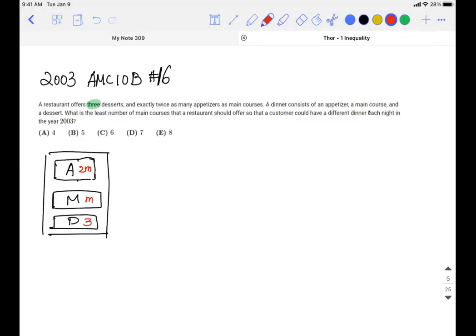Basically, you have 3 things. And the question says, how many main courses the restaurant needs to offer to make sure a customer could have a different dinner each night in the year of 2003? In that year, how many nights? There are 365 nights, right?